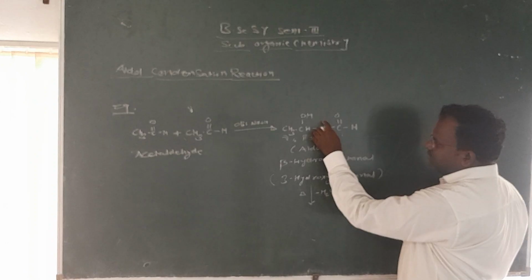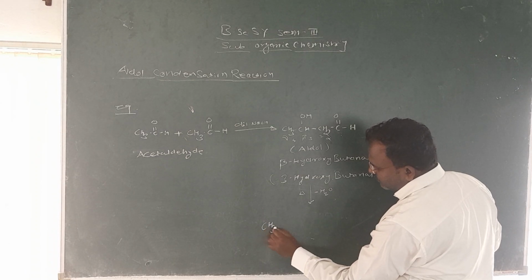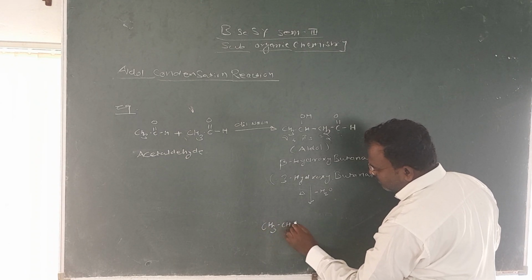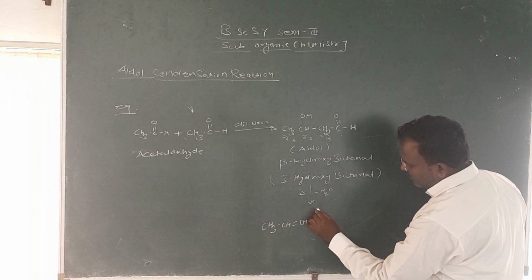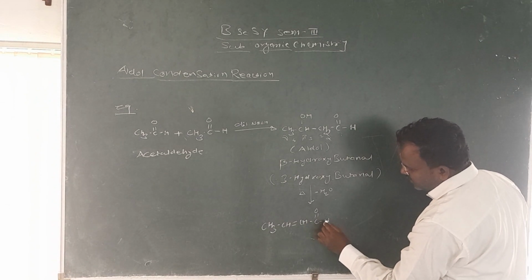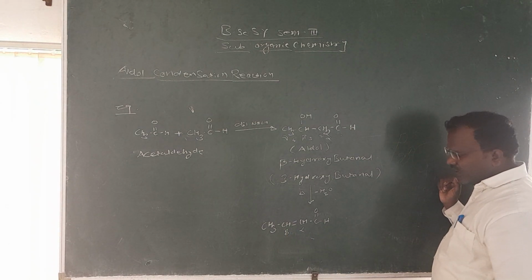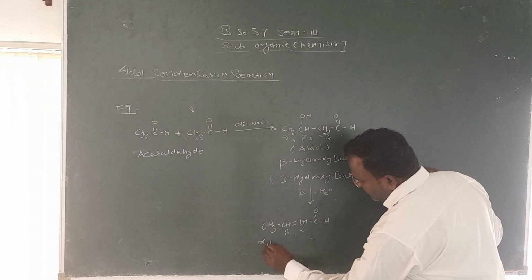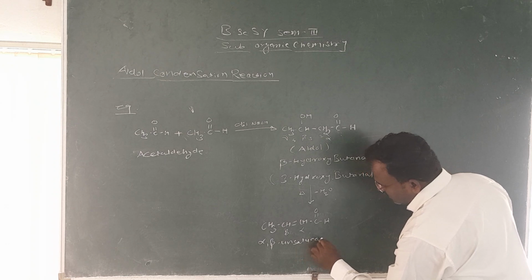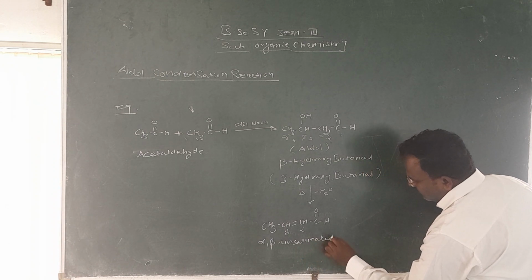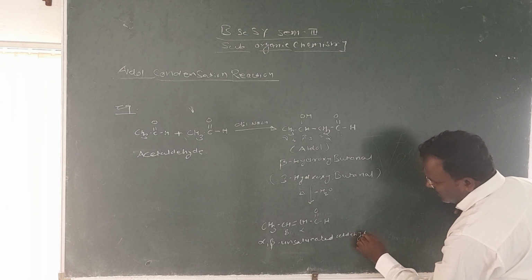One of the hydrogen atoms and this OH group are removed as a water molecule, giving CH=CH-CHO. This is the alpha beta unsaturated aldehyde.